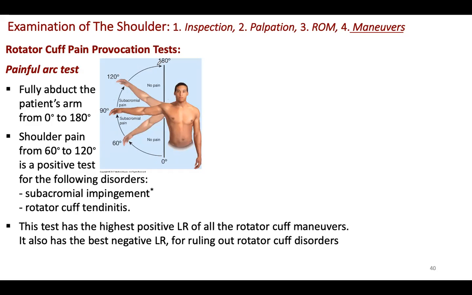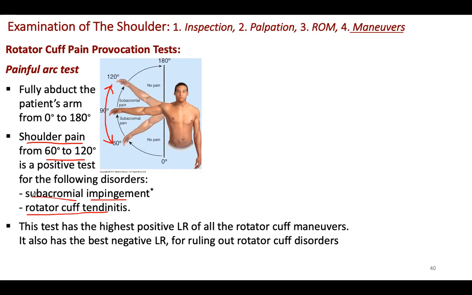Patients with rotator cuff problems will experience shoulder pain between 60 and 120 degrees. So somewhere in this range, there will be pain, and of course, this pain will prevent the patient from going beyond that point. This can be rotator cuff tendinitis, impingement of the subacromial bursa, or any rotator cuff lesion.